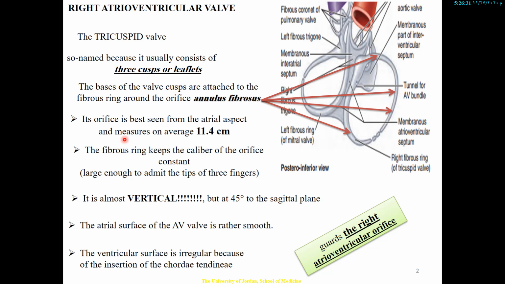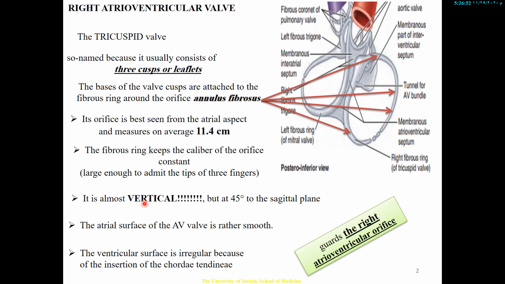It is relatively huge, this orifice, 4 centimeters, large enough to admit the tips of three fingers. It is almost vertical, but at 45 degrees to the sagittal plane.